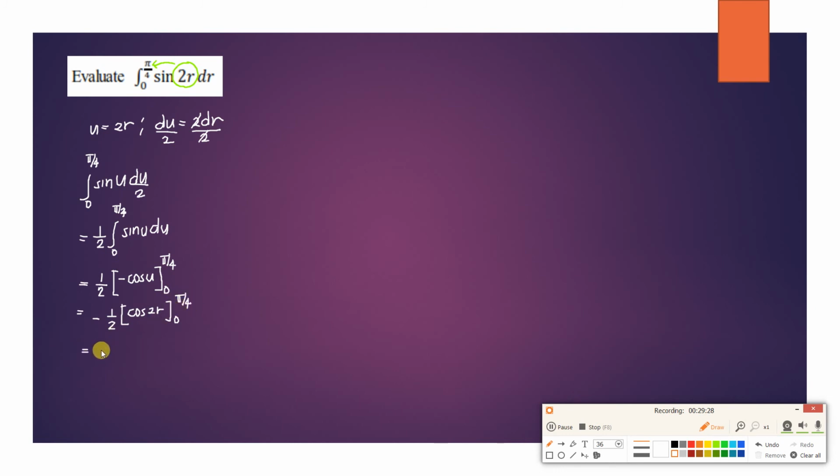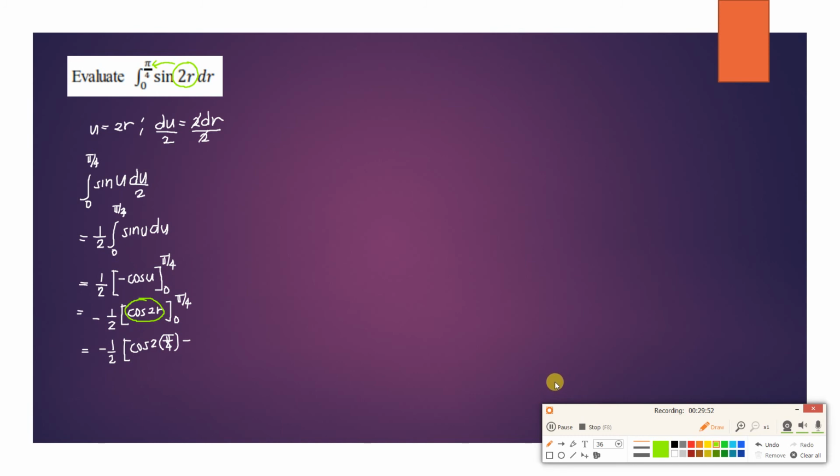Okay, so we have negative 1/2 times, applying the upper limit of pi over 4, cosine of 2 times pi over 4, minus the lower limit. Hindi si 2r lang ha, tandaan nyo, hindi pwedeng paghiwalayin yung function at yung angle, isang buo yan.